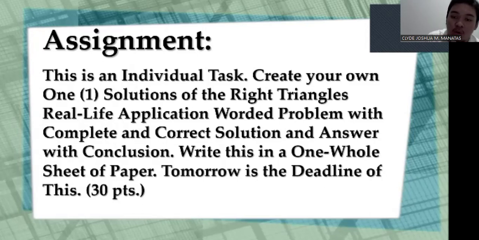Write this on one whole sheet of paper, and the deadline is tomorrow. I'll be expecting everyone to submit to me tomorrow when we start the class on our period. You have to complete this because this is 30 points on your written works.